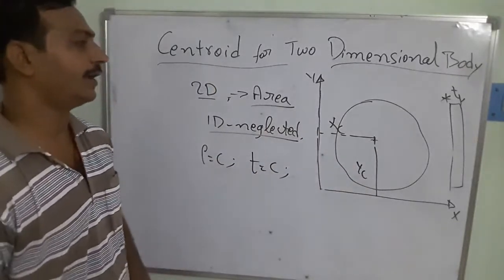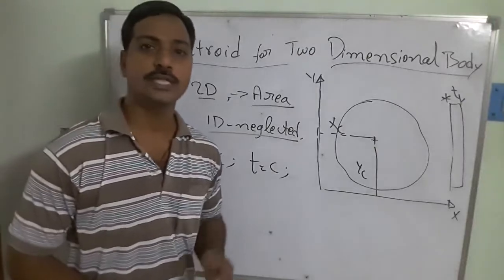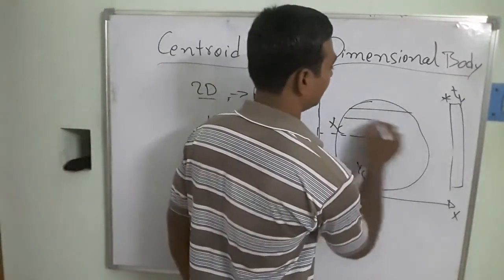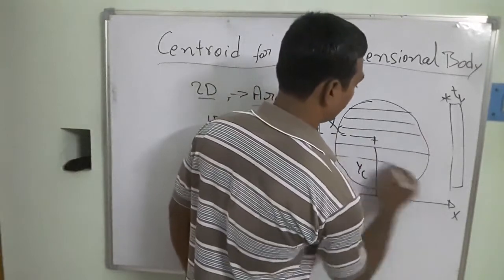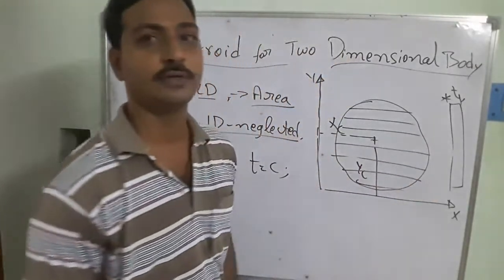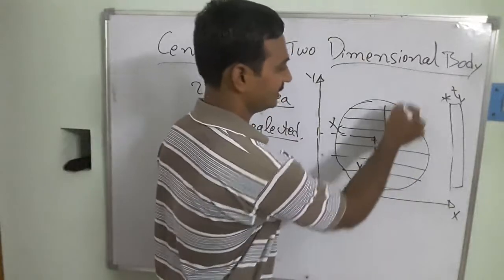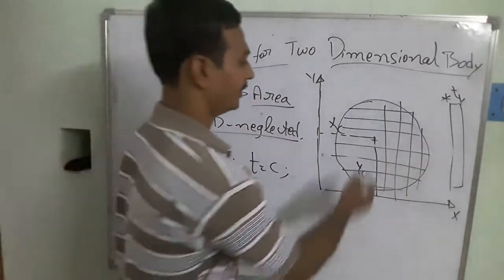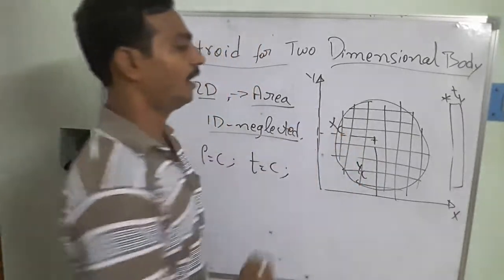So now we need to find out the centroid. Once we have these values, I divide the given area into a number of elemental strips, as we already discussed. This is the number of strips we are making.